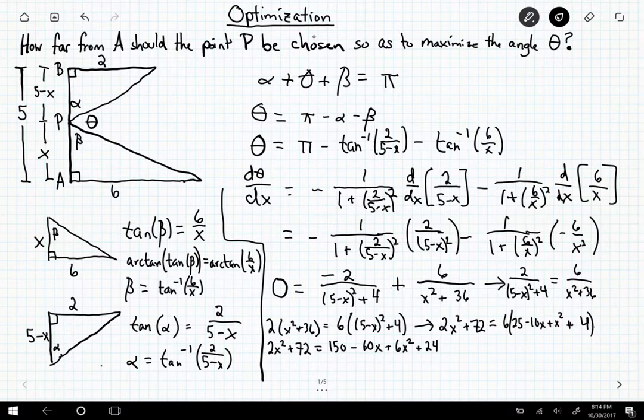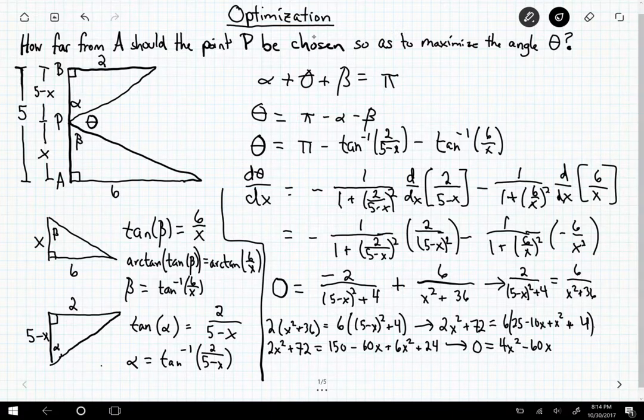So now where do we go? Moving forward from here, we can get all our terms on one side. So we have the 6x squared. We'll make this all equal to 0 since we have a quadratic. So this becomes 0 equals 4x squared minus 60x. And then let's see here.